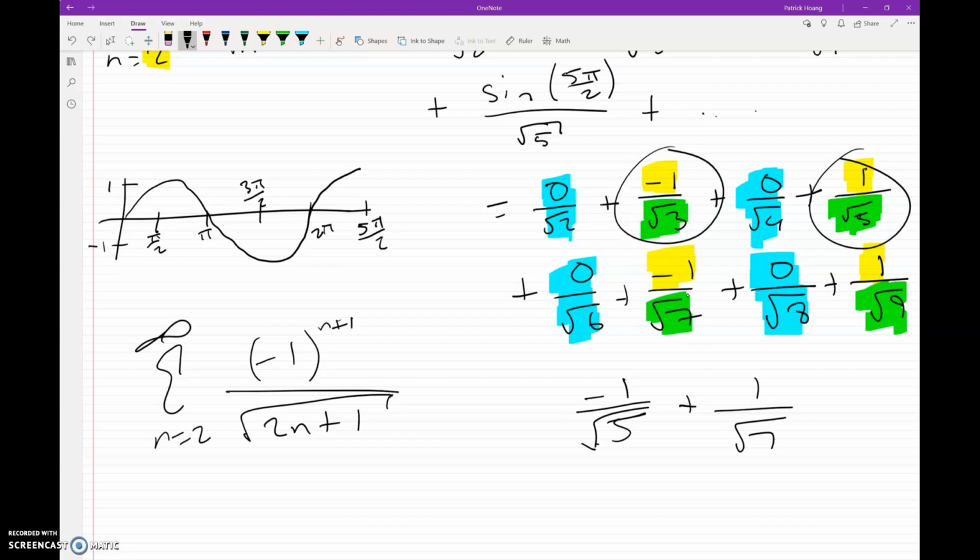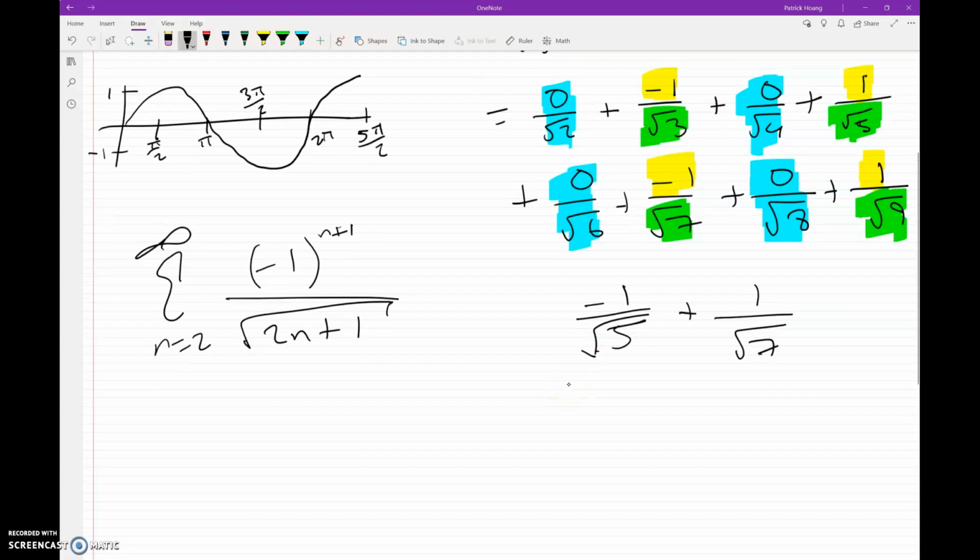So it sounds like we're close to representing our original series in a new way. But we just have to make some slight adjustments. So I'll say these are equivalent and this is close.